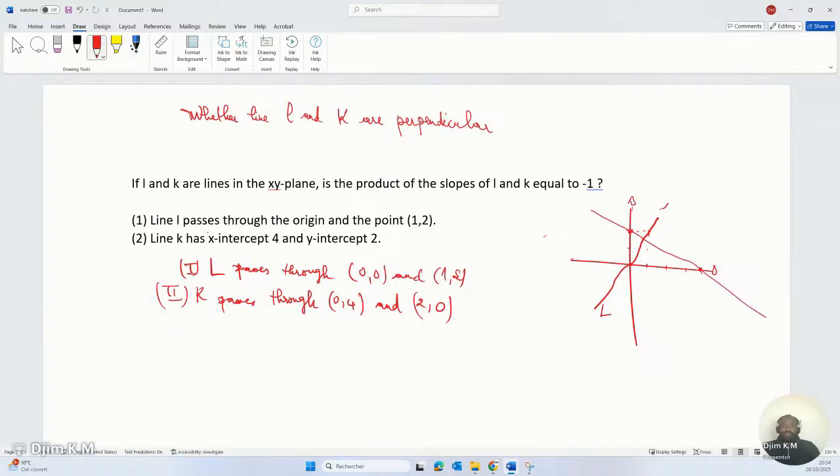Okay, so you want to know if this here is perpendicular or does it have a 90 degree angle. So the second condition alone is also not sufficient.